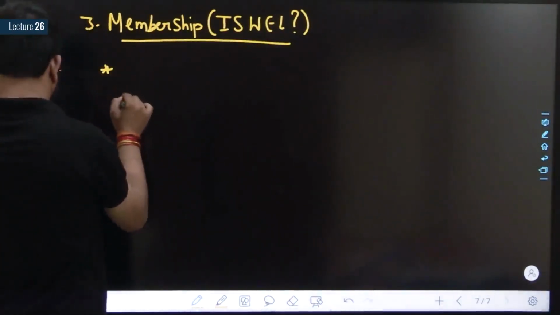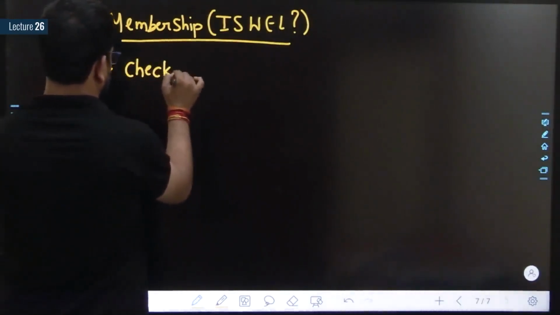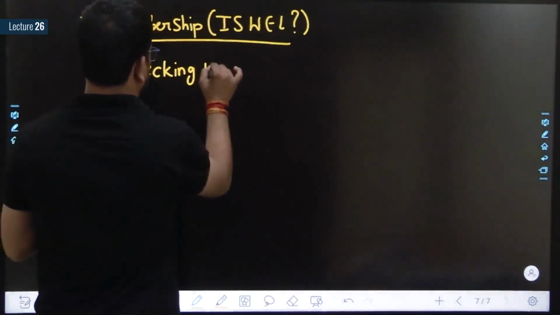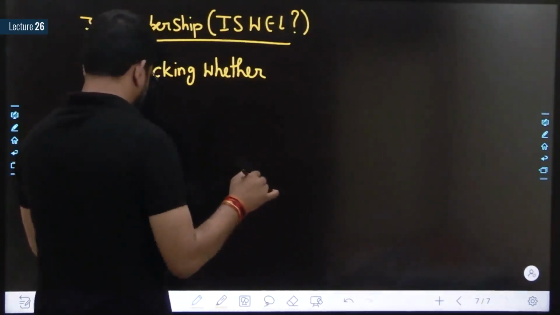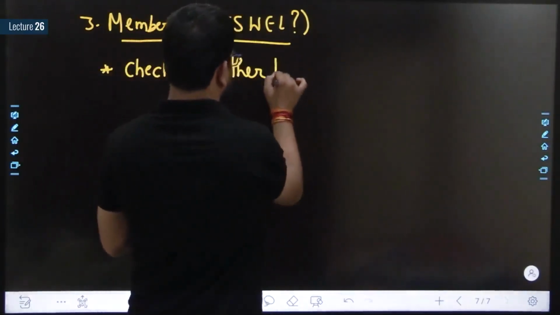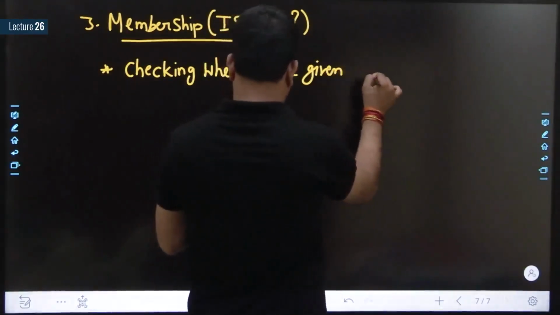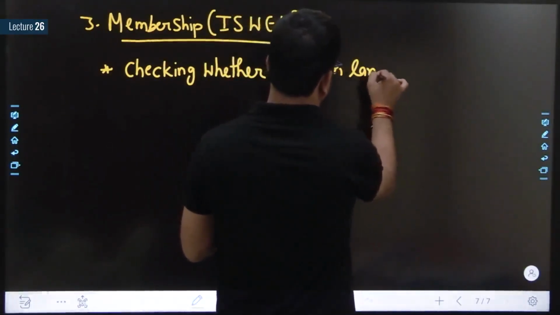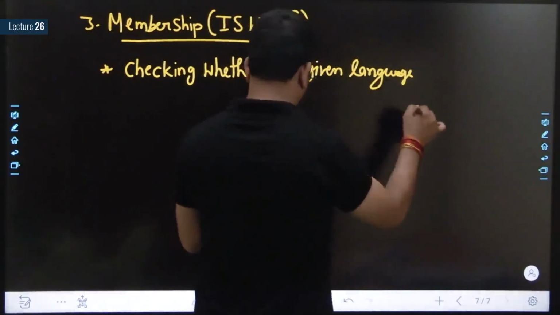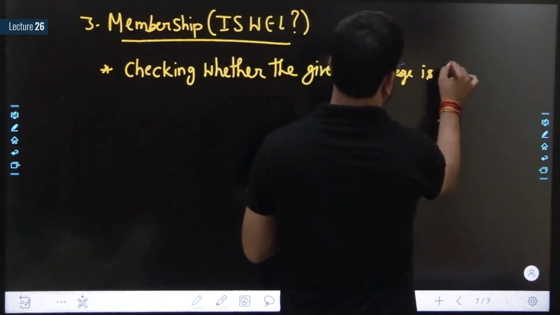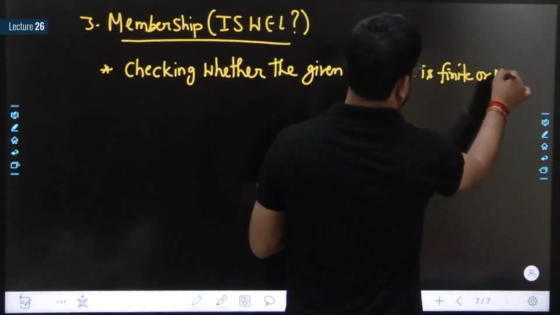What is the statement? Checking whether the given language is finite or not.